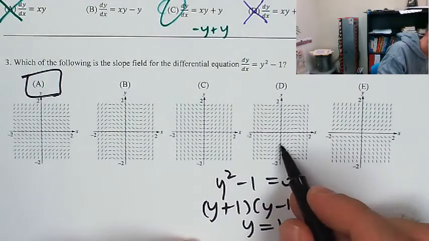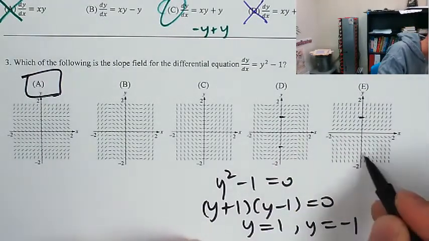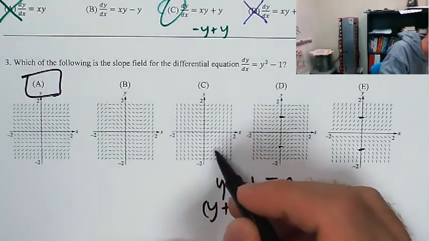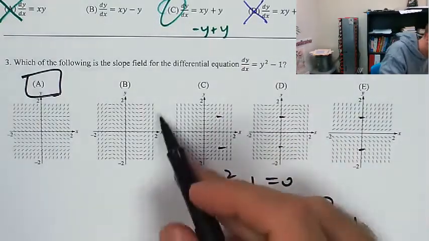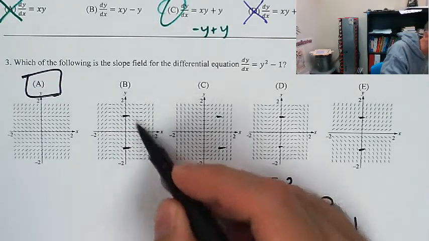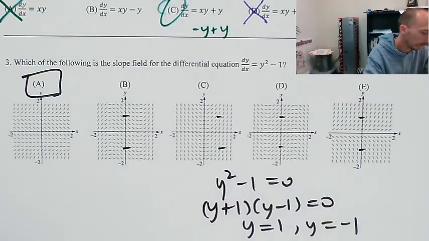And for these, I'm not seeing 0 slopes happen at -1 and 1 at all. Okay, it's happening on the y-axis, but not over here, right? I would need y equals 1 and y equals -1 to be seeing horizontality. And over here, same thing, but this is trig somehow. You can see it's going to be trig and x.